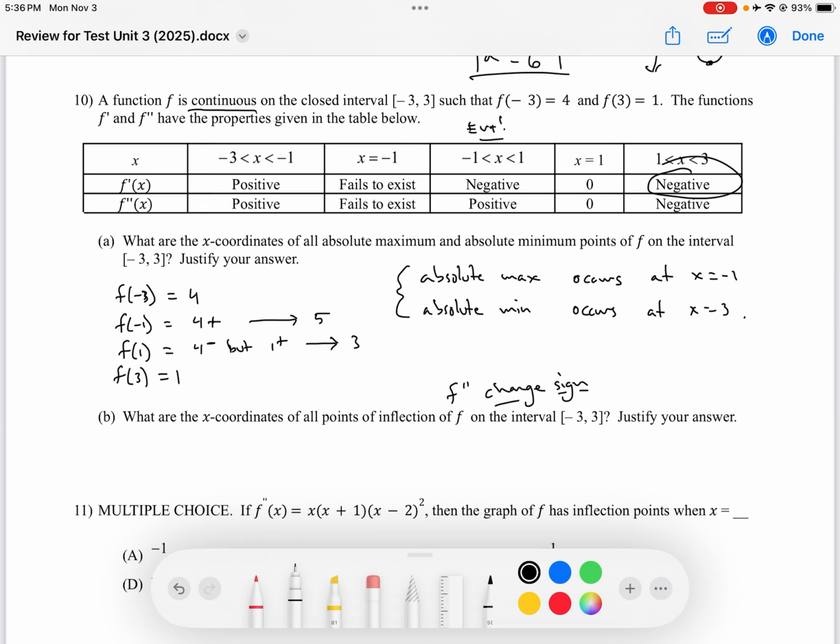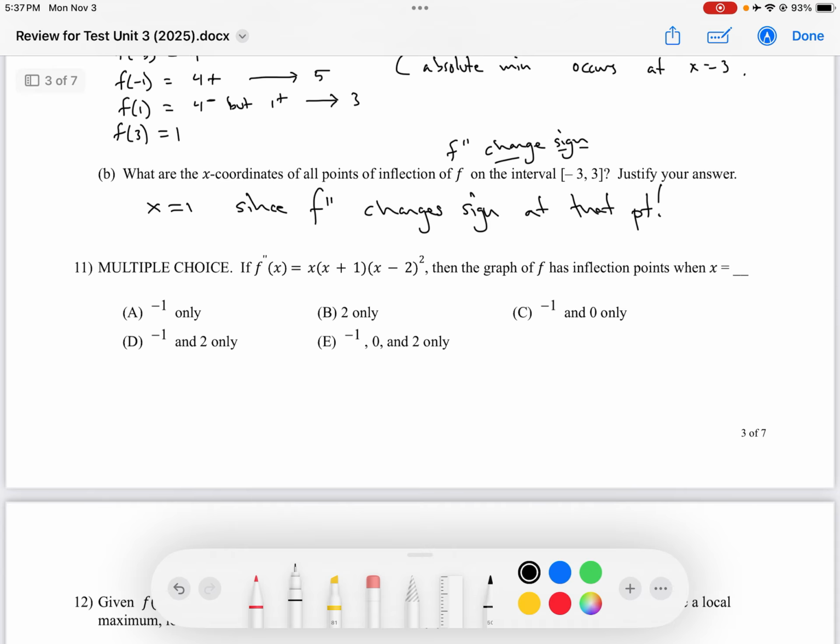So it looks like the point where that occurs is at x equals 1, since f double prime changes sign at that point. So the original function is going to go concave up to concave down.